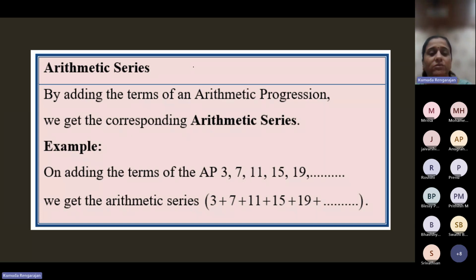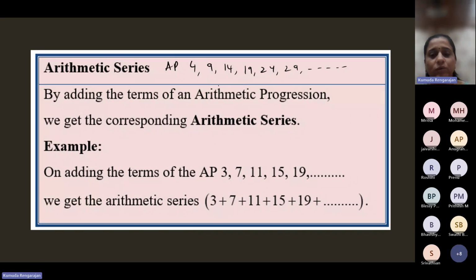So if you have the arithmetic progression 4, 9, 14, 19, 24, 29, and so on. Now this one is an arithmetic progression because the difference between any term and its preceding term is a constant. 9 minus 4, 5. 14 minus 9, 5. 19 minus 14, 5. So it's an arithmetic progression.